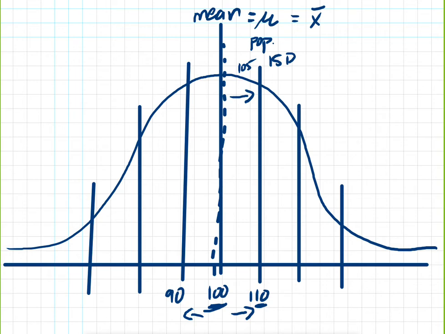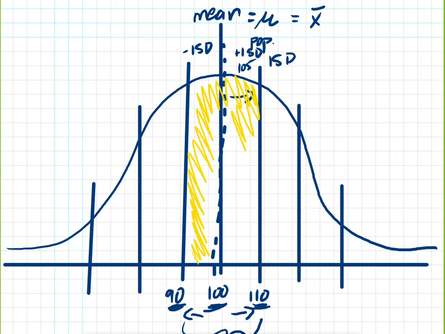So when they say that, a standard deviation is either plus one standard deviation or minus one standard deviation. That means one standard deviation takes you from the number 90 to 110. And one standard deviation deals with 68% of the data.